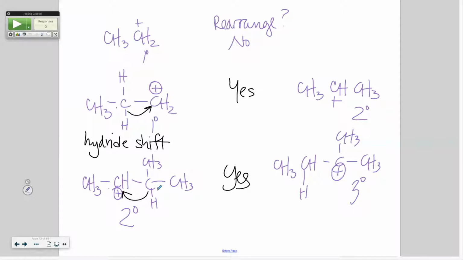We don't draw an arrow that the plus is moving around. It's just like when we did resonance forms. You draw a resonance form and the carbon becomes positive, but the pluses aren't hopping. There aren't protons hopping around. Sometimes it looks that way, but that isn't really what's happening.